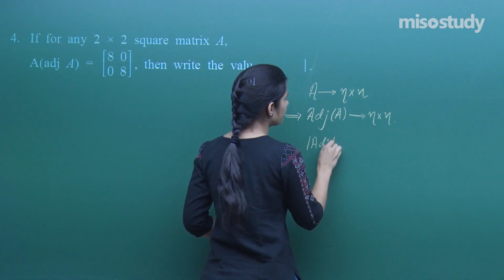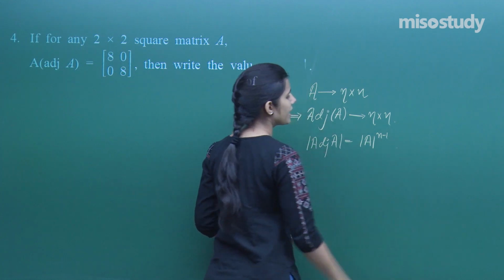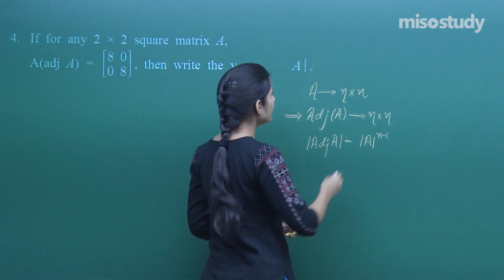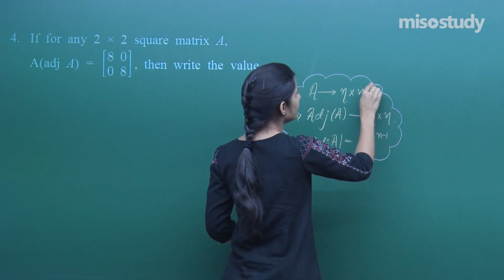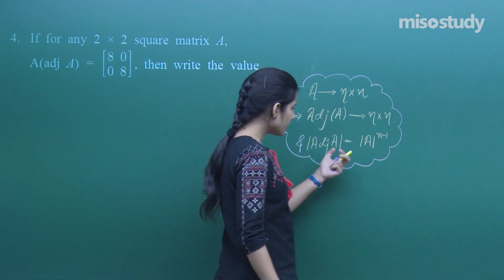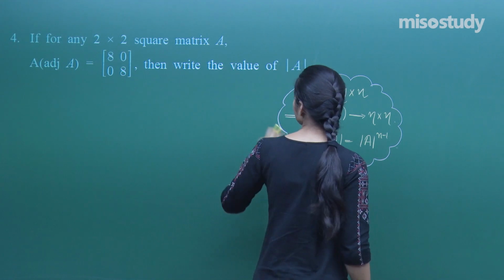Determinant of adjoint of A is same as determinant of A to the power n minus 1. This is a relationship between determinant of A and determinant of adjoint of A.